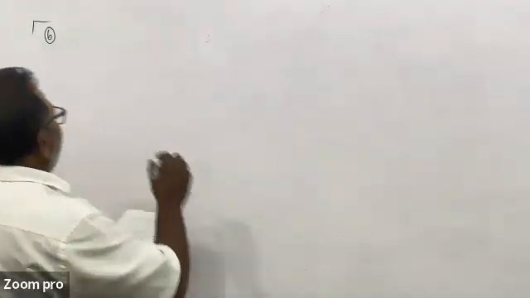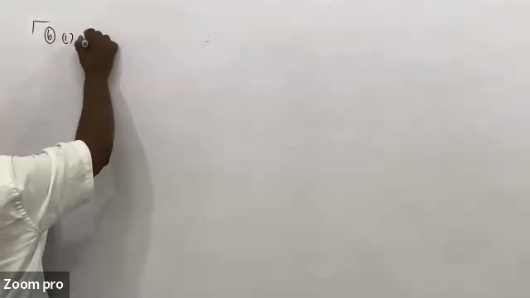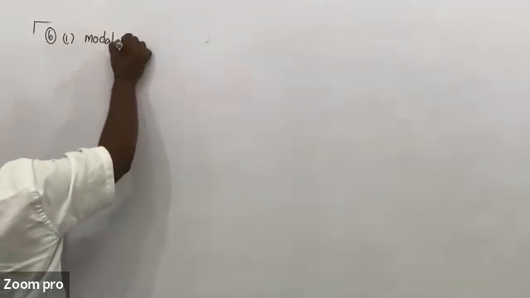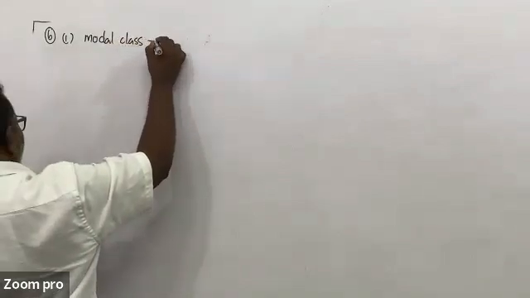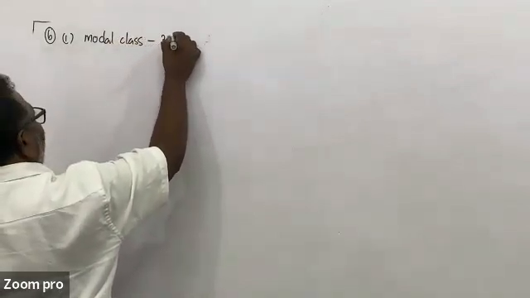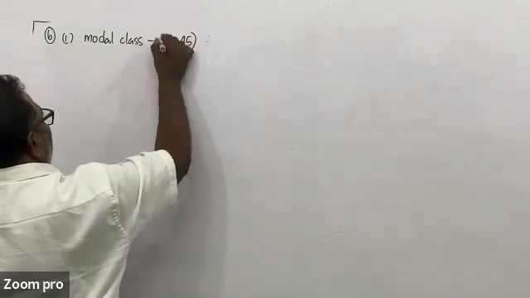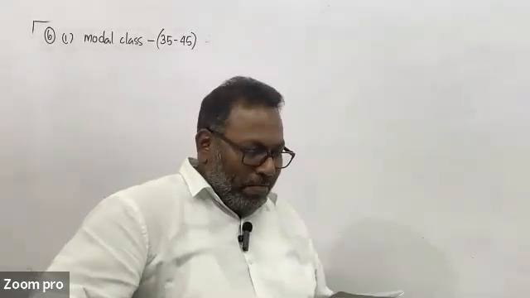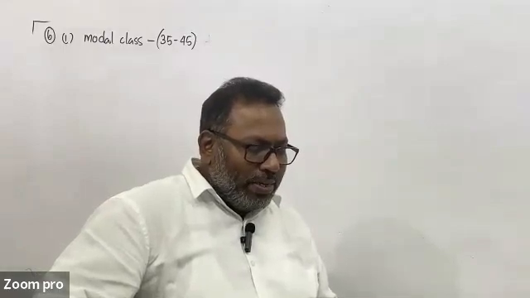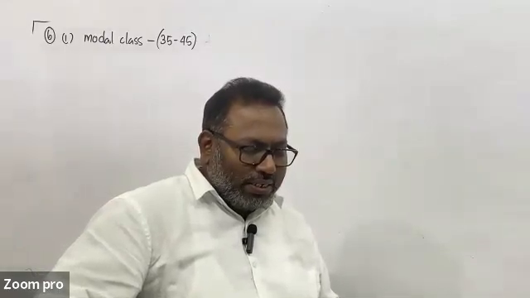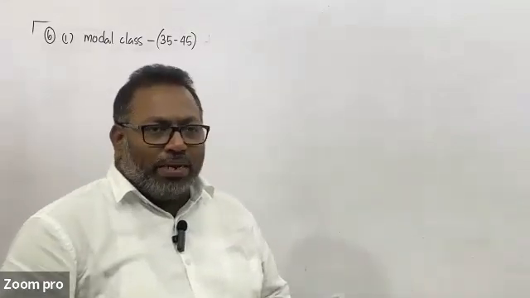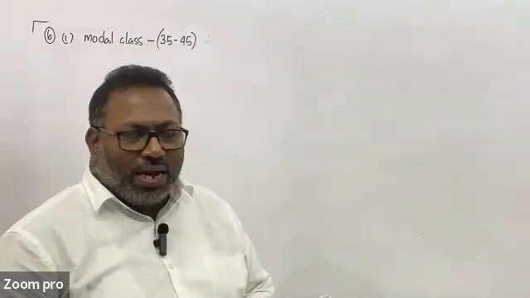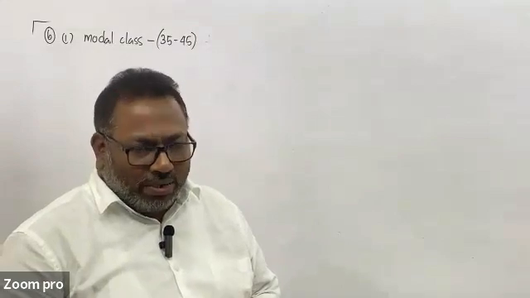From 35 to 45, we call that the model class, even though they're not asking for the name. Then they are saying find the mean age of the tourist to the nearest year by taking the mid value of the model class as the assumed mean.